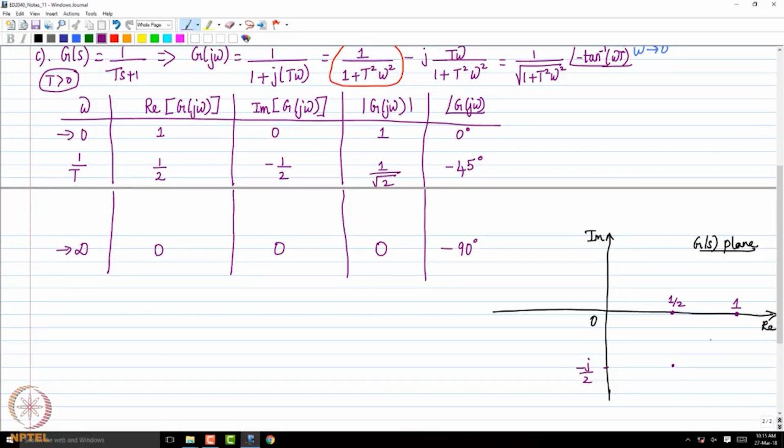And then 0 and 0 is also important because that is what happens when omega tends to infinity. This is omega tending to 0.